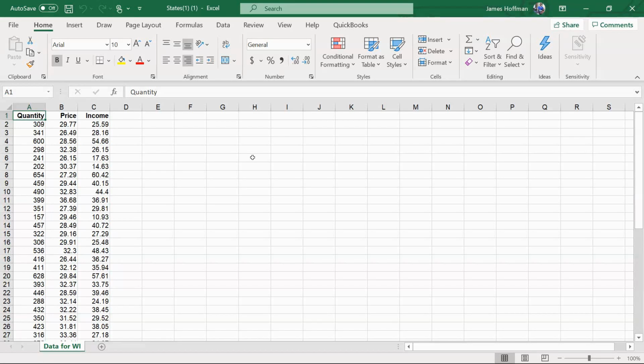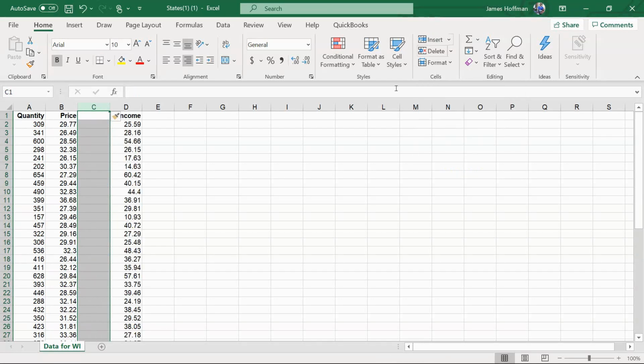I think the way Excel does it is that the default is you want price, the x-axis, on the left, and quantity, the y-axis, on the right. I know that sounds counterintuitive. What I'm going to do is put price and quantity and then income and quantity, two separate things, and make two separate graphs.